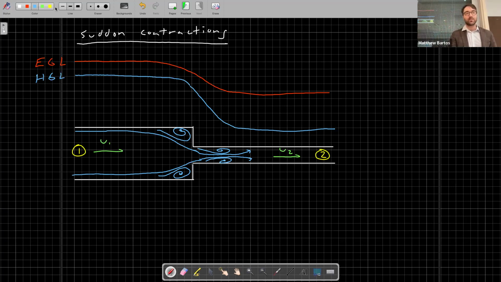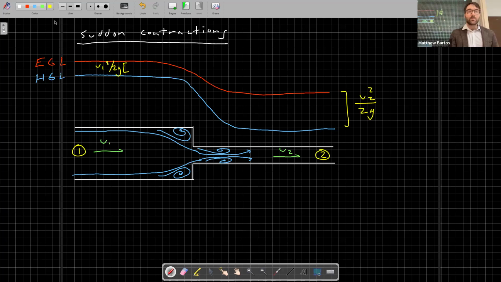So the distance between these two lines is u squared over 2g. So here we have u2 squared over 2g. Here we have u1 squared over 2g. Because u2 is going to be faster than u1 by continuity, the distance between the EGL and the HGL increases as you move into the smaller pipe.